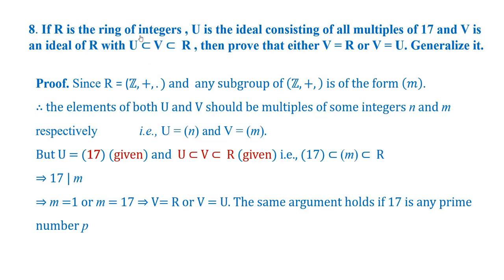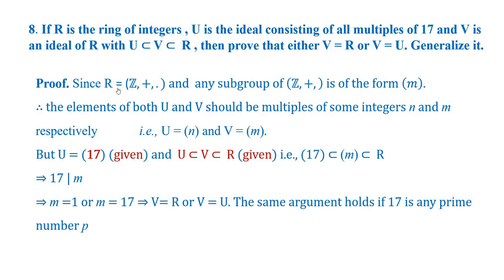Next, we have, if R is the ring of integers and U is the ideal consisting of all multiples of 17, and V is an ideal of R with the relation between U, V and R to be this, then we are asked to prove that either V is R or V coincides with U, and we are asked to generalize it.